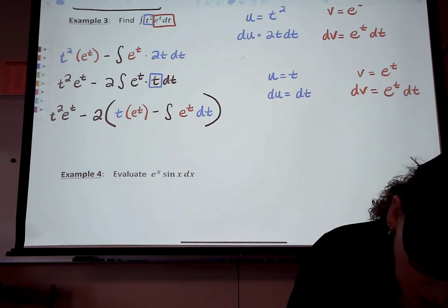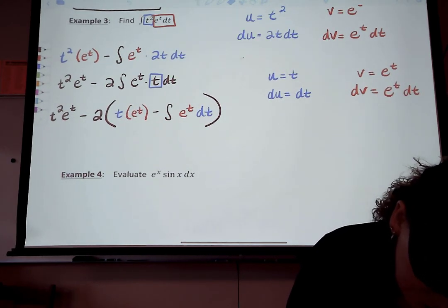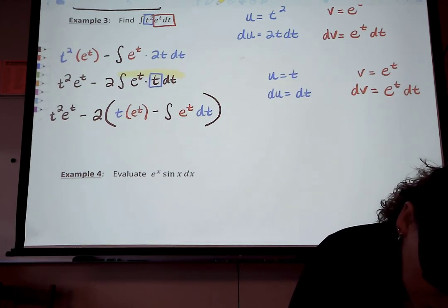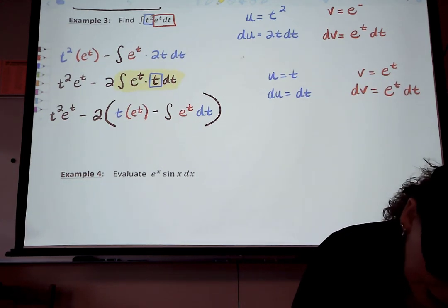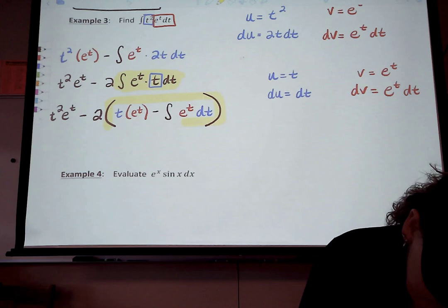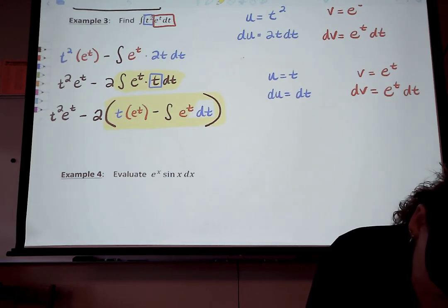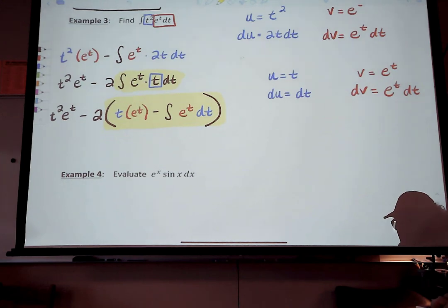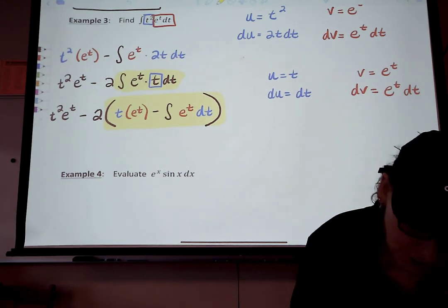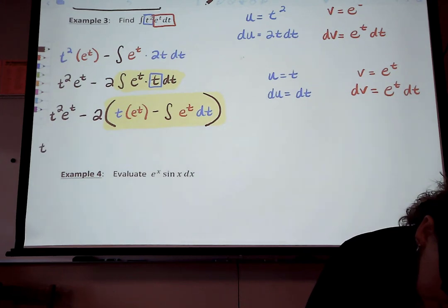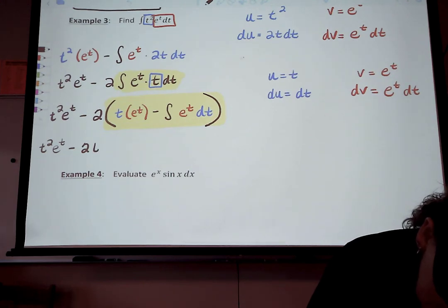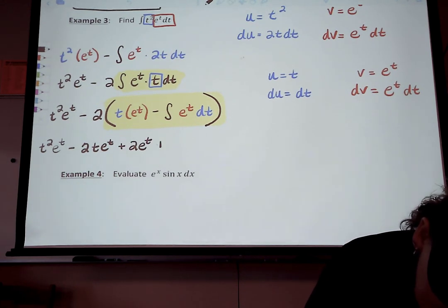So keep in mind all of this, just this integral right here, is represented right here. Okay. Let's see what we can do. We got t squared e to the t minus 2t e to the t plus 2e to the t plus c.